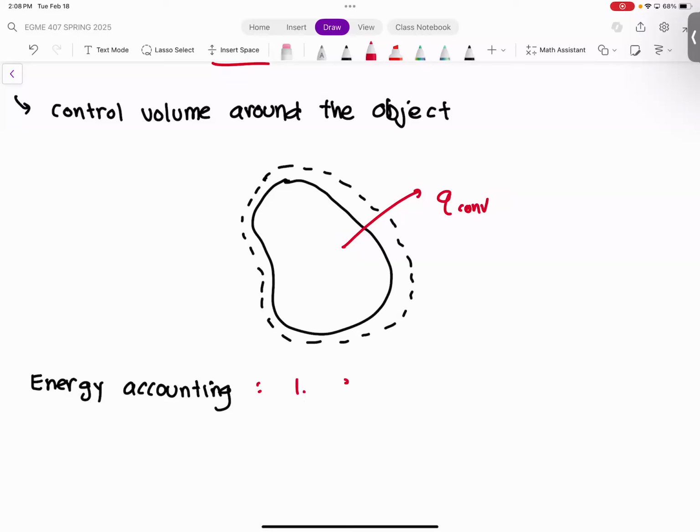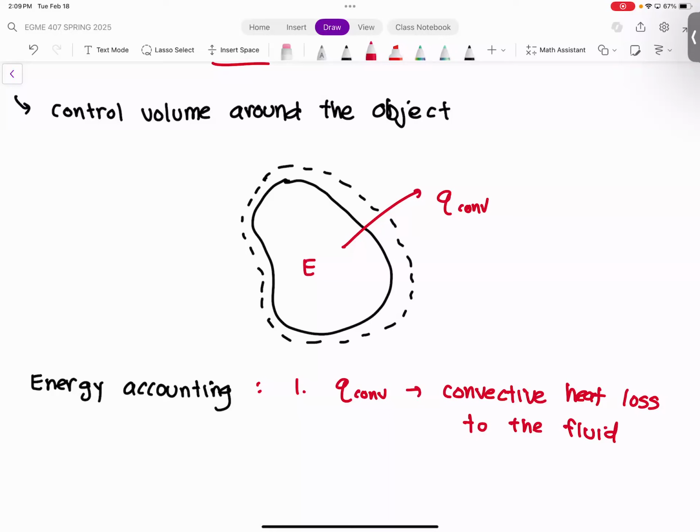So one, Q convection. This is convective heat loss to the fluid. The other thing that's happening, that we've never done before, is that the internal energy of the object is also changing with time.